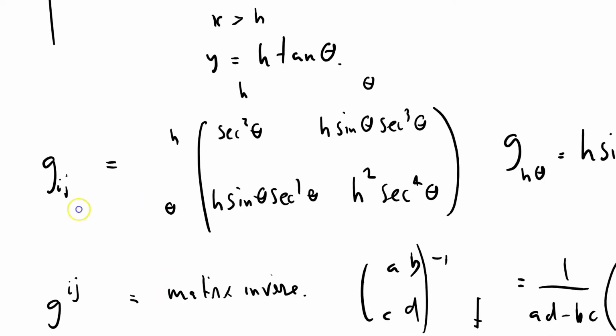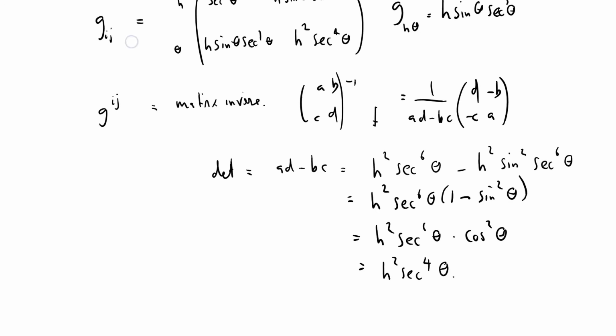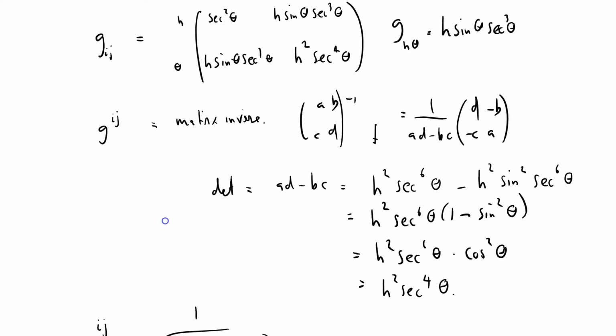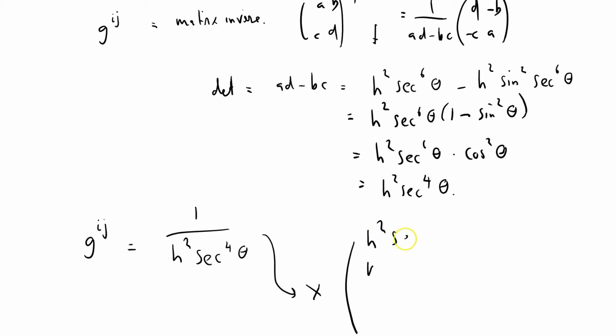Okay, so what's my matrix inverse? Well, I better write it down. I'll pinch in just a little tiny bit here. So g superscript ij is going to be the matrix inverse of this guy here, which is 1 over the determinant, h squared sec to the 4 theta, times switch and swap.